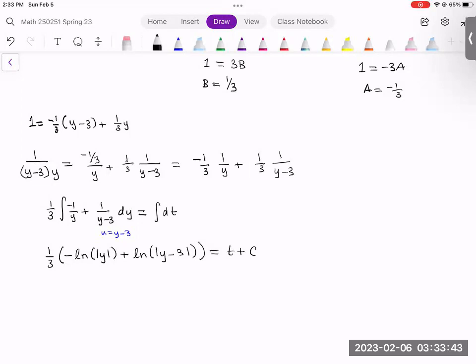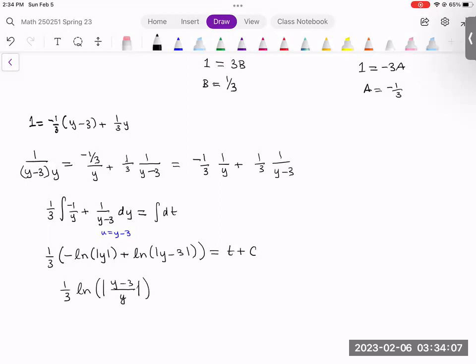All right. If we wish to, we can combine these two natural logs together. So we have a difference, log of y minus 3 minus log of y. So it's going to turn into a quotient. So y minus 3 goes on top, and then y goes on the bottom.